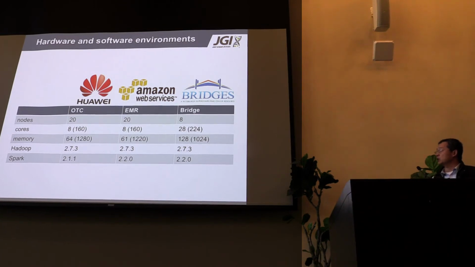There are 8 cores per node, 64 gigabytes of RAM, running Hadoop 2.7.3 and Spark 2.11. We also compared to a similar cluster on AWS EMR. And we recently also tried this on on-demand Spark provisioned on HPC. We got a grant from Pittsburgh Supercomputing Center on their Bridges system. We have an 8-node system there with a comparable number of cores and RAM to run the applications.